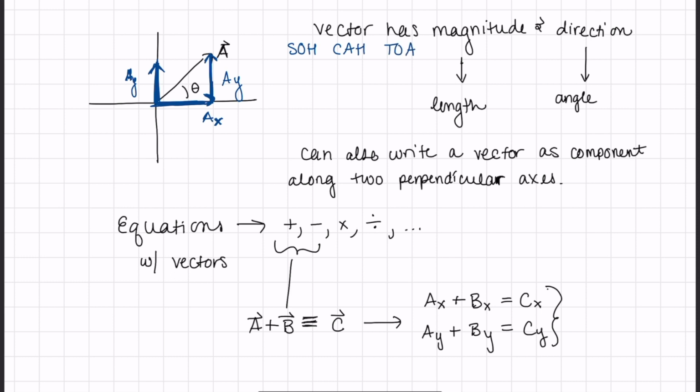So, SOHCAHTOA. This is why it's going to come in handy depending on what you have. So you need to have at least 2 of these things, the magnitude and the angle, AX and AY, or any other combination of 2 out of these 4.